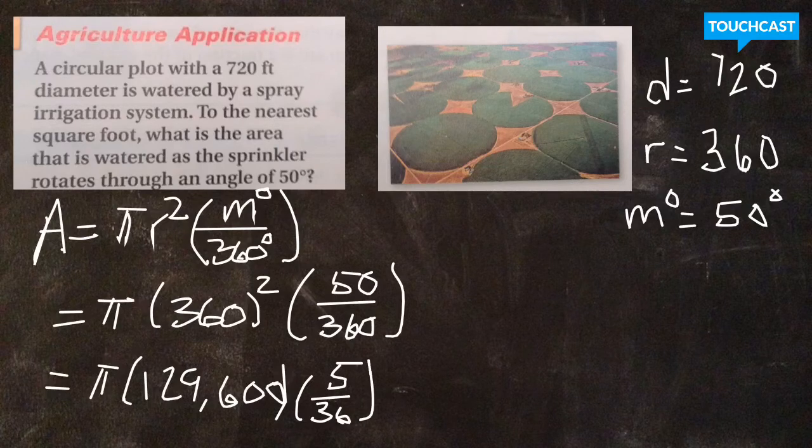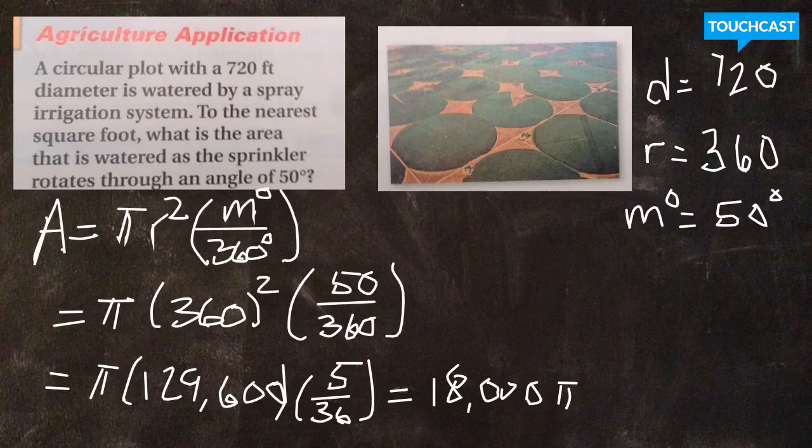So now let's multiply 129,600 by 5 and divide that by 36. So we're going to have 18,000 pi.